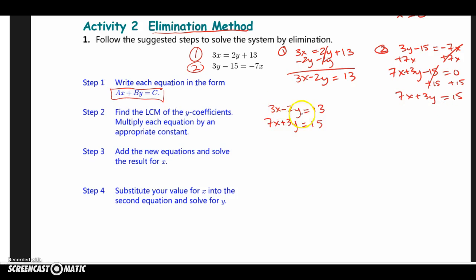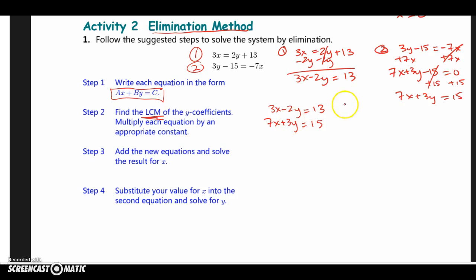Now I'm going to line up the x's and the y's and the numbers, and it says to find the LCM, or least common multiple, of the y coefficients. I guess we would lean towards eliminating y's anyway, because one's a positive, one's a negative. Since they want us to do it with the y's, we'll stick to that. The lowest common multiple between 2 and 3 is 6, so I want both of these coefficients to match up and look like a positive and negative 6.